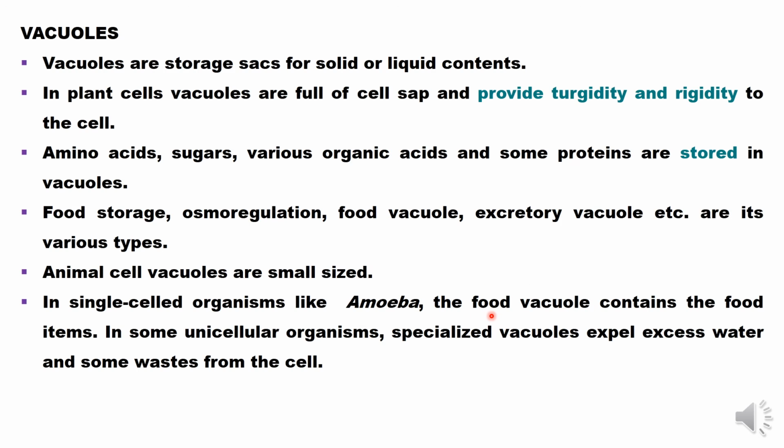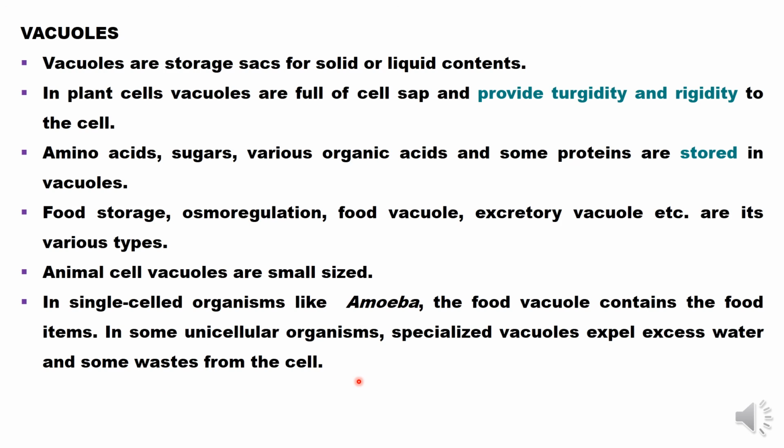Now that food vacuole is fused with the lysosome, the food is digested and absorbed, after which that vacuole becomes an excretory vacuole. Also, in some other unicellular organisms like paramecium, specialized vacuoles are present which help in removing the excess water from the cell, and they are known as contractile vacuoles. And some vacuoles also help in waste disposal from the cell.